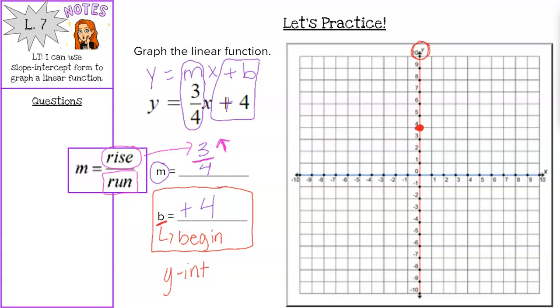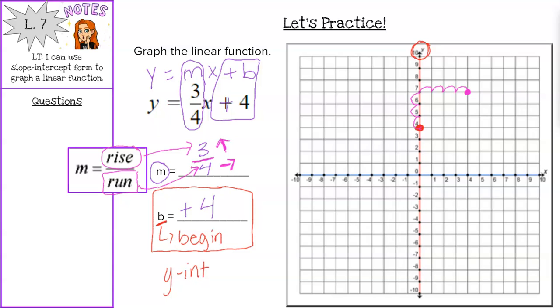And then run is a 4, and it's positive 4, so that means we're going to go right 4. So from our starting point, that y-intercept, we are going to jump up 3: 1, 2, 3. And then we're going to go right 4: 1, 2, 3, 4. And we're going to put a point right at that ending.